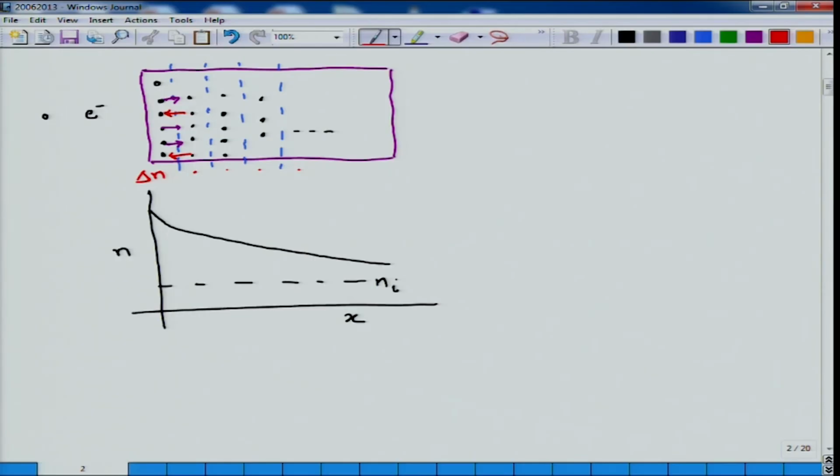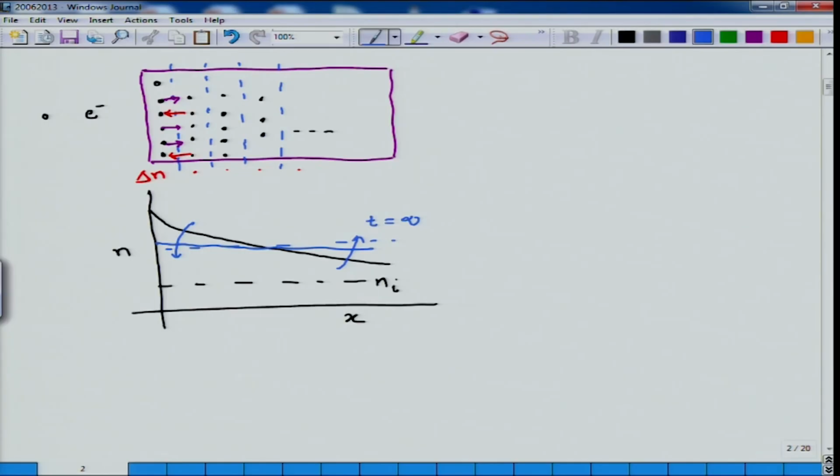So, in general we assume it is not going to be the same. In that situation, eventually with time one would expect that this variation in carrier concentration should become less and less. So, because of this diffusion process of random motion of carriers, one would expect the carrier concentration to become uniform if we wait until infinity.